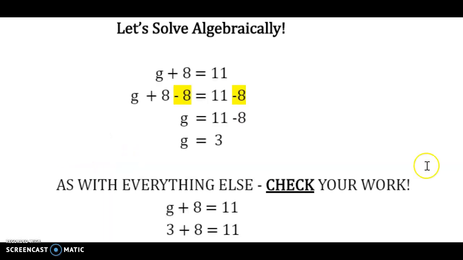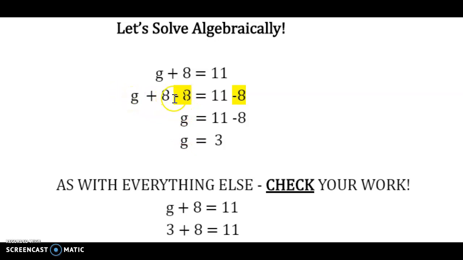Now we're going to solve this problem algebraically using the 2 rules. We take our simple equation, G plus 8 equals 11. How do we actually know that 3 goes in there? Well, remember our first rule: what we do to one side of the equation, we have to do to the other. This is where that applies. We have to isolate this G and get the G by itself so we can figure it out.